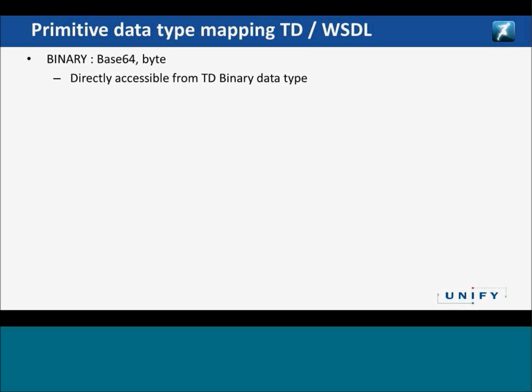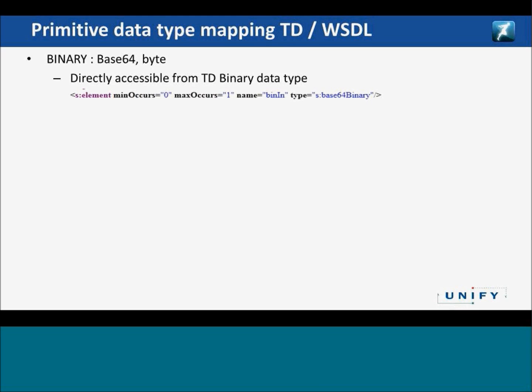First, the binary data type is directly accessible from the TD binary data type. So there's no conversion you have to do. If you get back a binary value from a web service, or if you pass a binary value to a web service, you can simply put in TD binary variables or fields that contain binary data without any conversion.